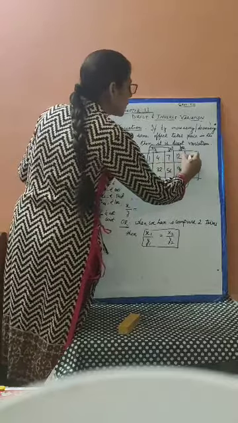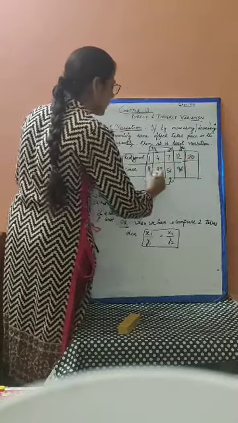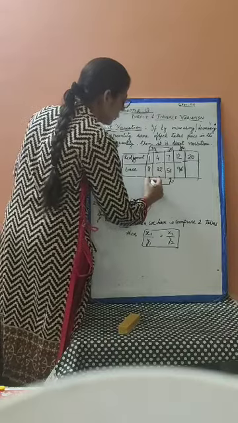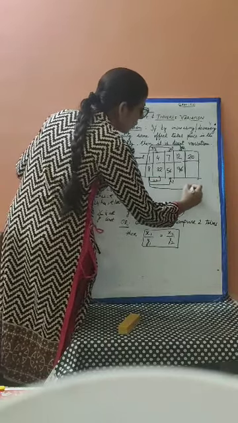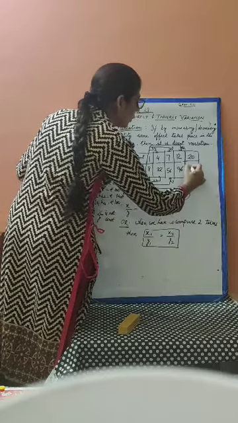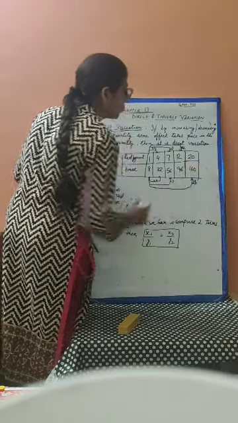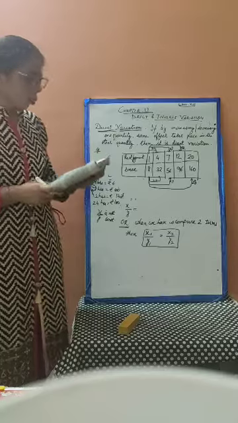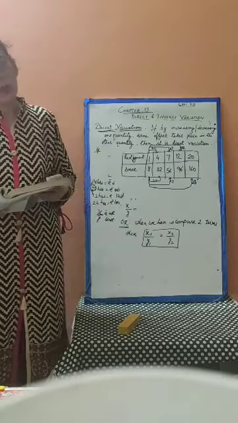Next is 20. If we have 20 parts, we will multiply it by 20, and it will be equal to 8 into 20. That will be 160 parts. Have you understood this?